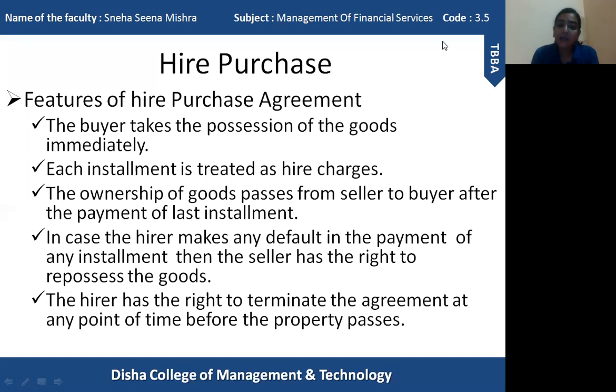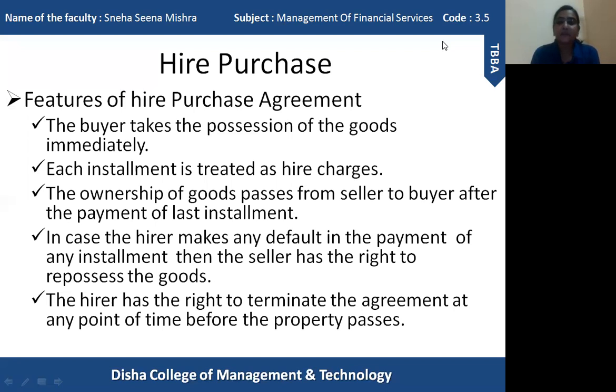Now the hirer also has some kind of right. Now you as a buyer or a hirer can terminate the agreement at any point of time, but it must be made before the ownership of the property passes to the buyer.